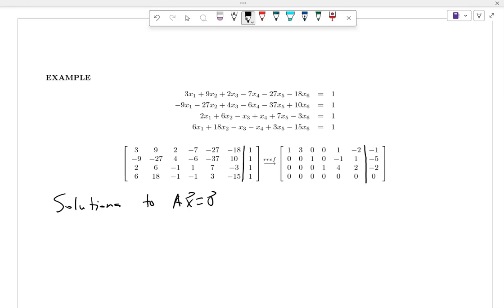What would your solutions to the homogeneous system look like? Okay, and I got an R, an S, and a T, because I've got free variables in 2 and in 5 and in 6. So your X2 would be an R, your X5 would be an S, your X6 would be a T, right?